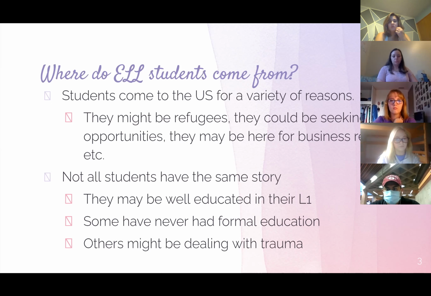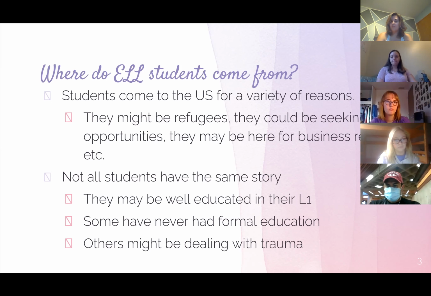And then besides why they're coming to the US or maybe the fact that they're already in the US, they also have different stories. They're very different people. So they may not be very well educated in their first language. So even though English may be their second language, they might not even know a lot about their first language, and sometimes they don't know how to write or read in their own home language.